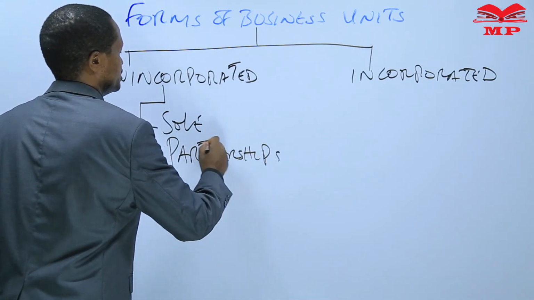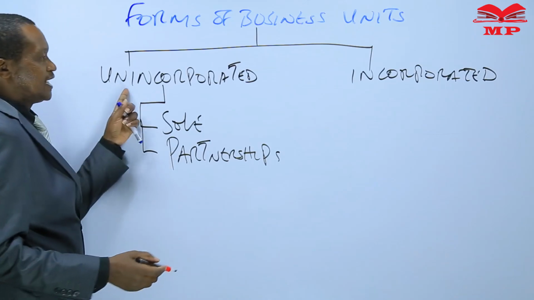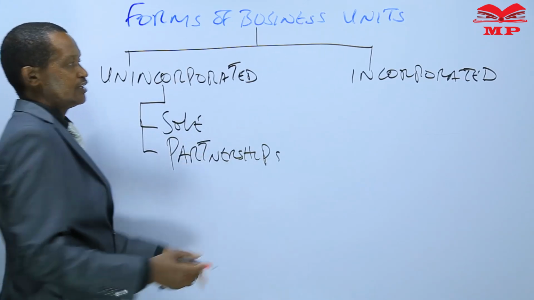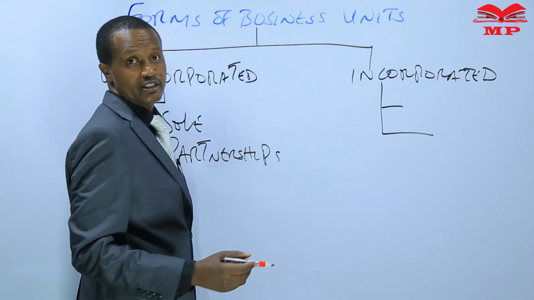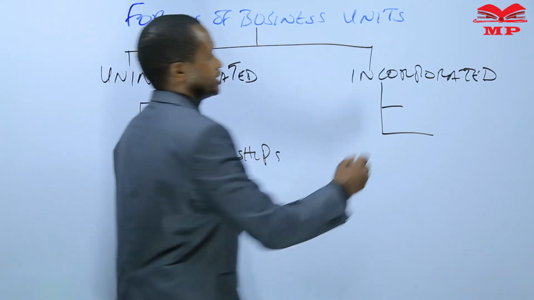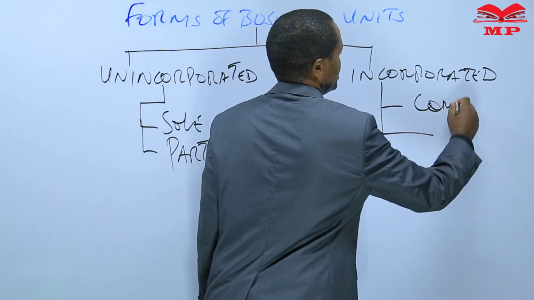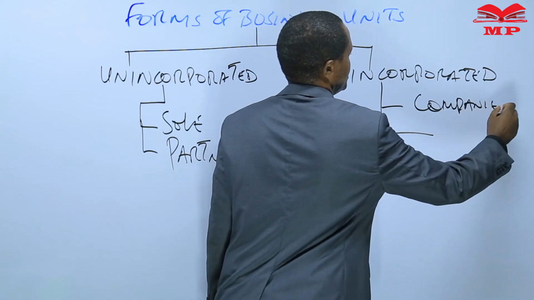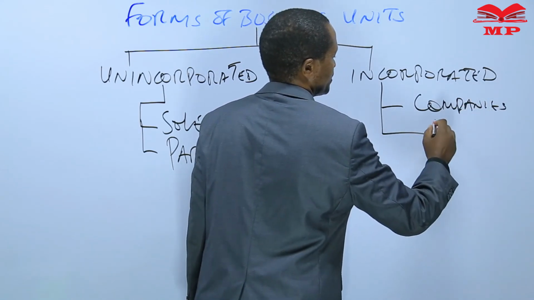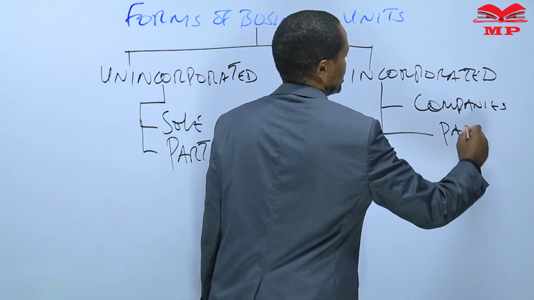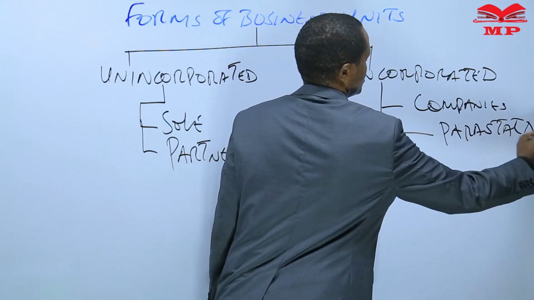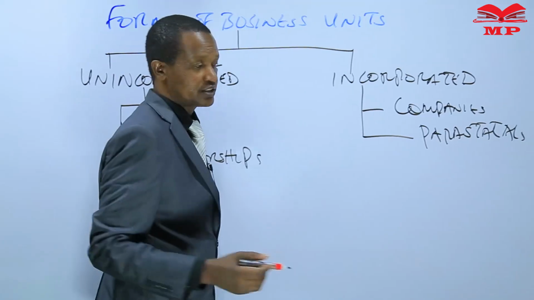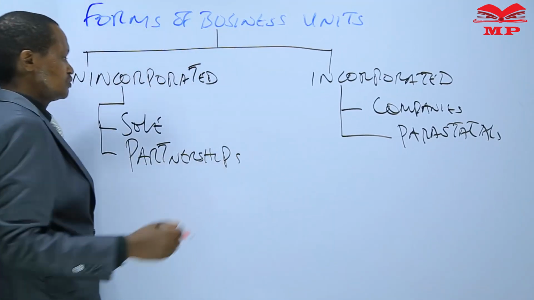These are forms of business units that are unincorporated. We gave examples for the incorporated business units like the companies, parastatals, cooperative societies, and so on.